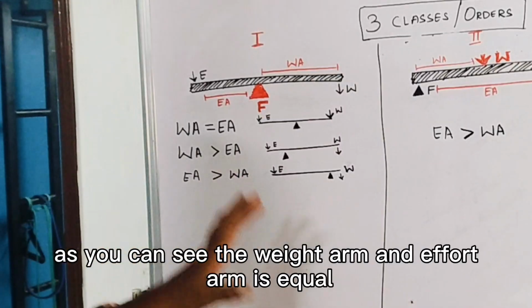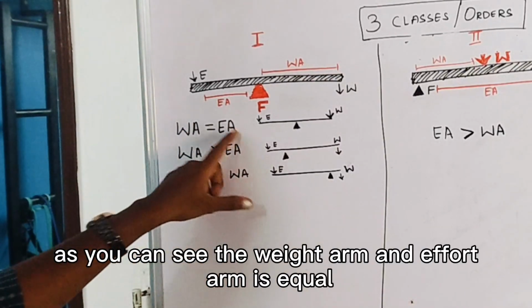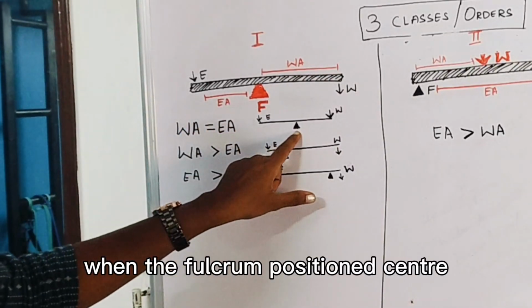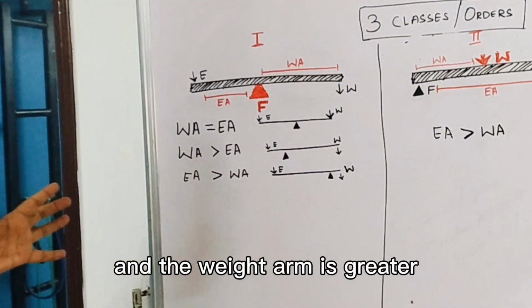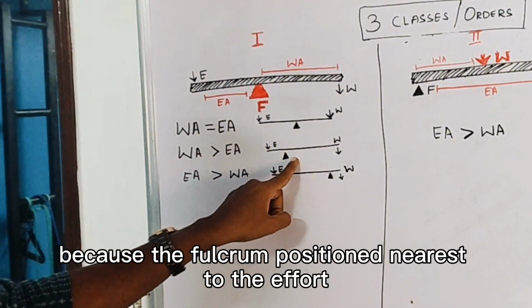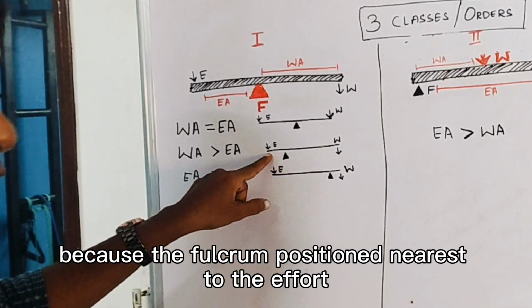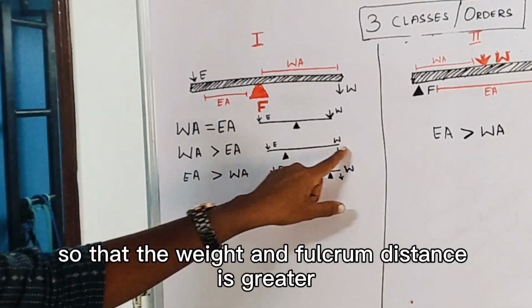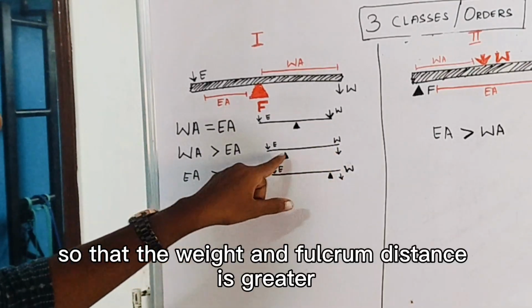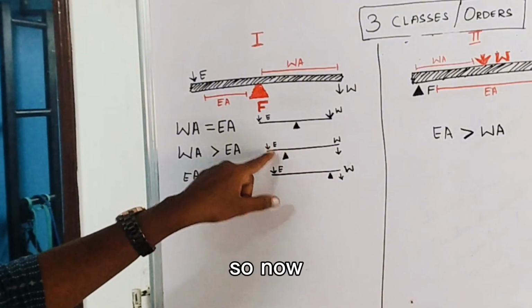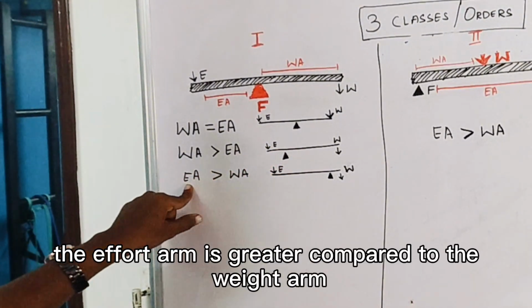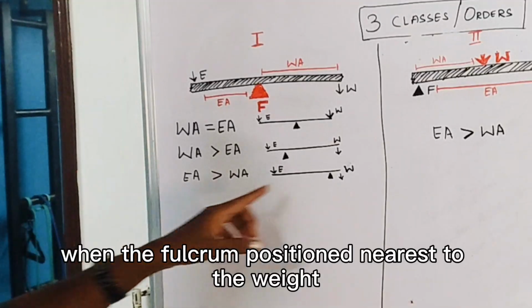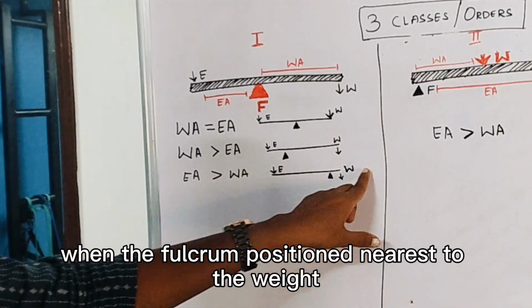As you can see, the weight arm and the effort arm are equal when the fulcrum is positioned in the center. The weight arm is greater compared to the effort arm when the fulcrum is positioned nearest to the effort, so the weight and fulcrum distance is greater. The effort arm is greater compared to the weight arm when the fulcrum is positioned nearest to the weight.